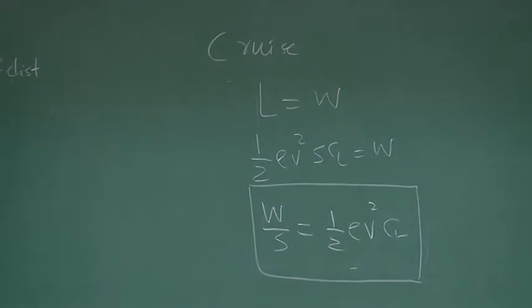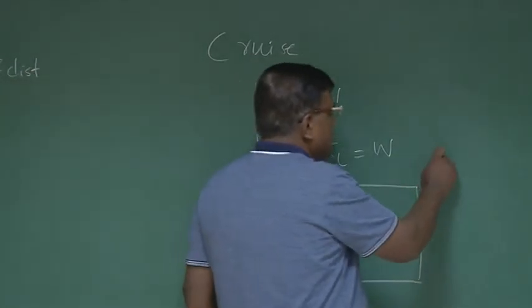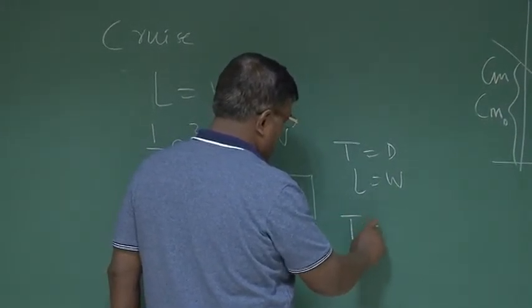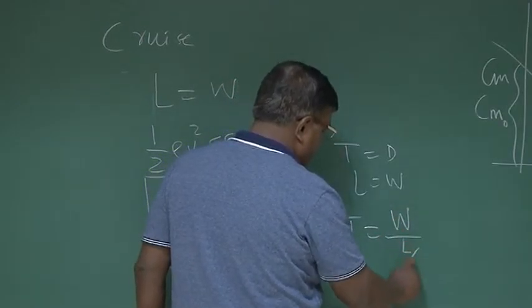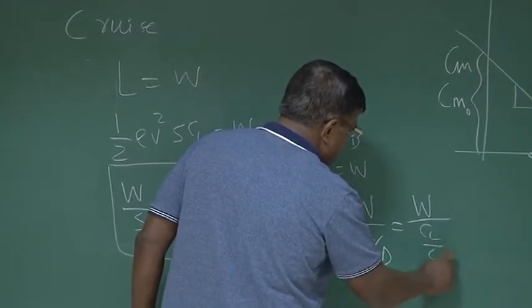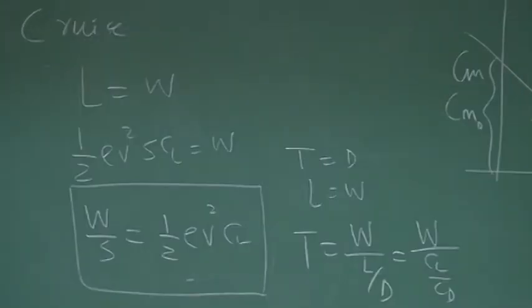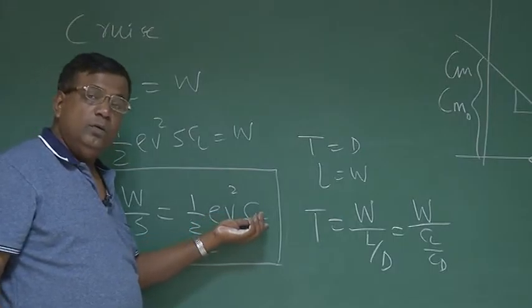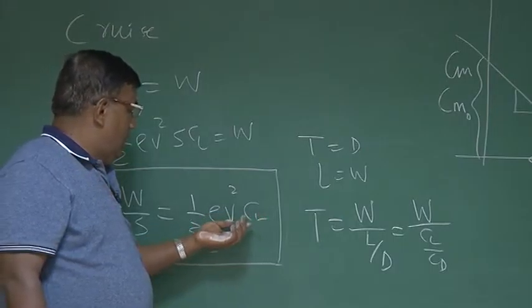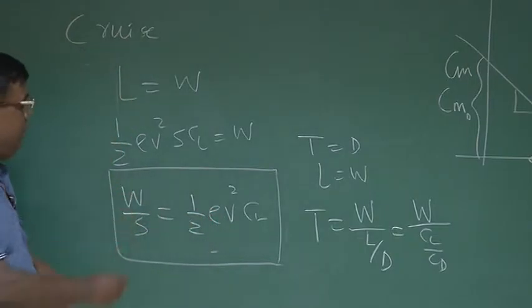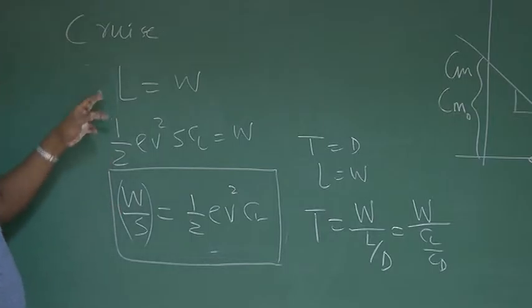Also, please understand, since thrust equal to drag and lift equal to weight, I know thrust equal to W by L by D equal to W by CL by CD. What these two relationships are telling us? This is telling that if we have decided what will be the CL cruise, and for a given altitude, I should have this much of W by S to maintain lift equal to weight.